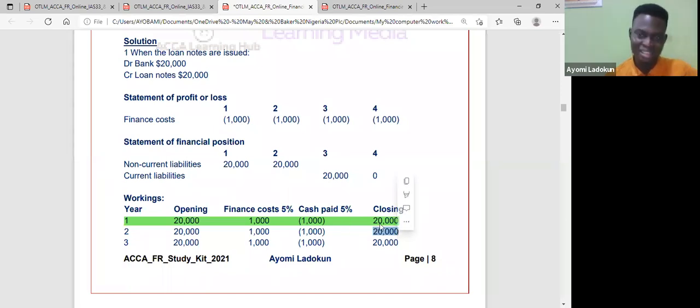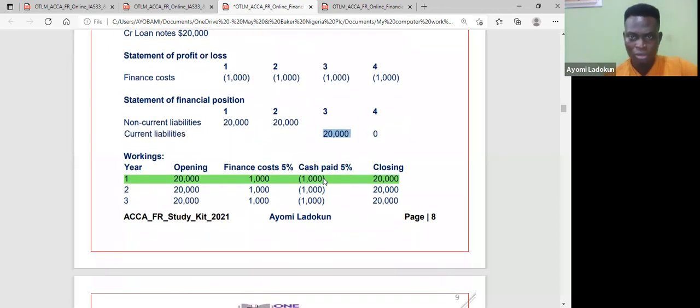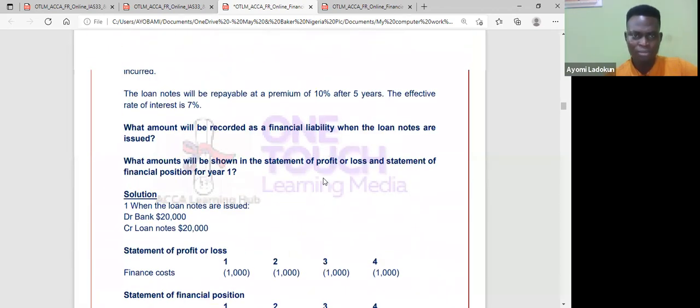Then in year 3, it will not be non-current because it will be due in year 4. That's why you have 0 here. Then it becomes current liabilities in year 3 because it is to be paid at the end of or even before year 4. Okay, so that's exactly what they have done there.